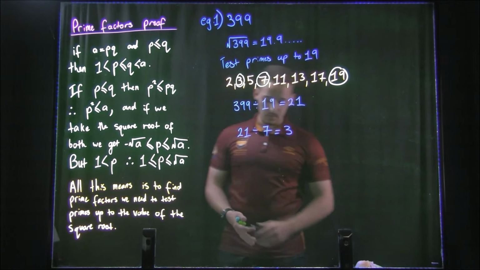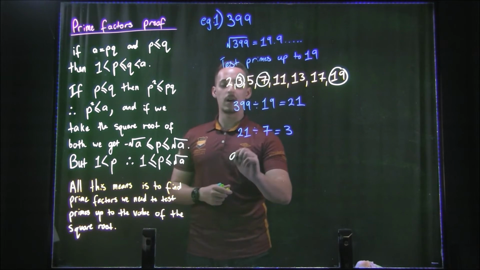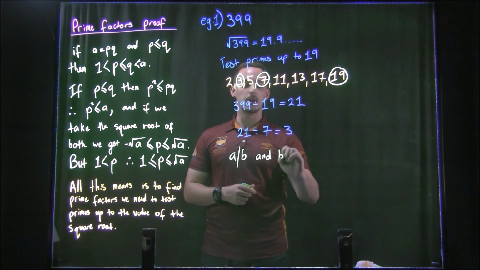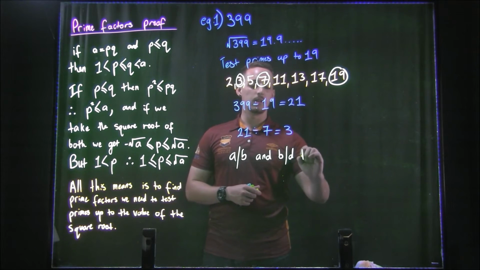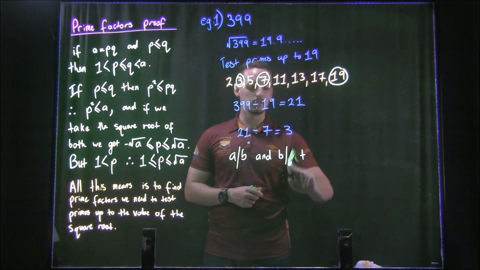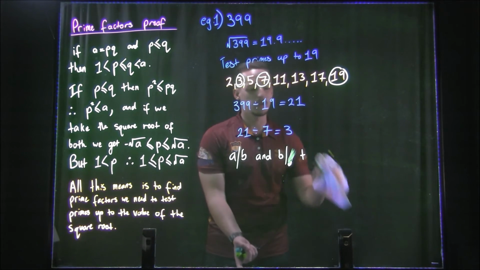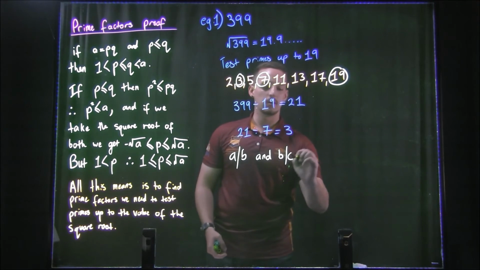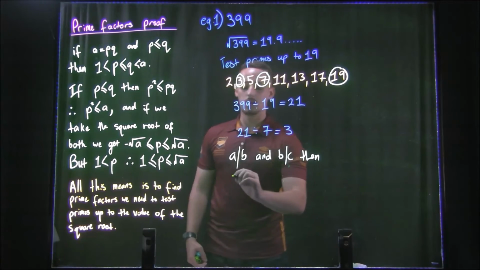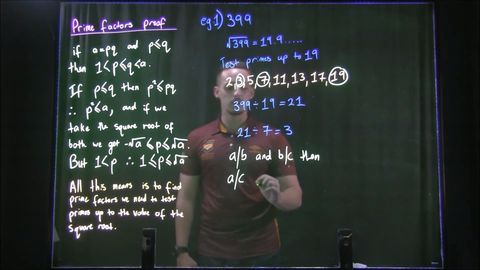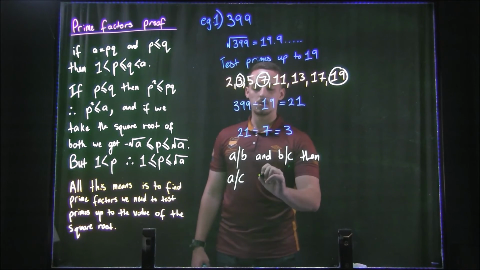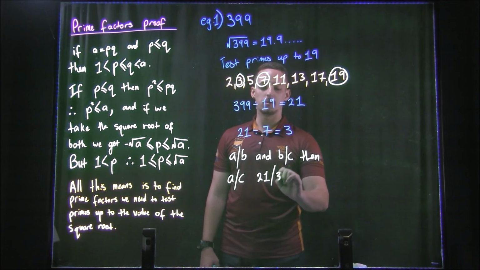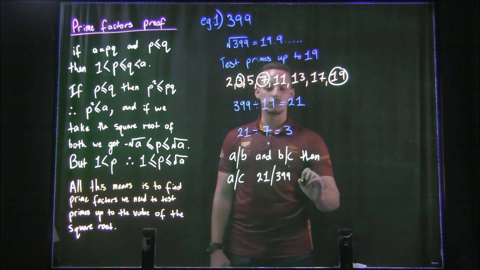Because, if you remember, if A is a factor of B, and B is a factor of C, then A is a factor of C. And 21 is a factor of 399.